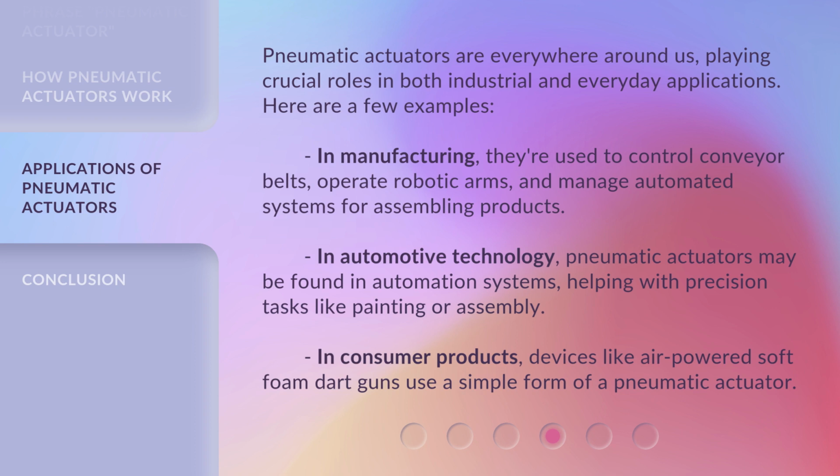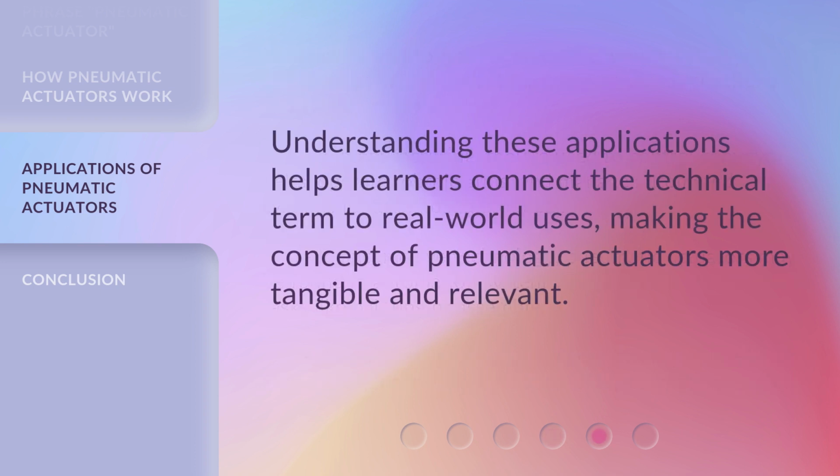In consumer products, devices like air-powered soft foam dart guns use a simple form of a pneumatic actuator. Understanding these applications helps learners connect the technical term to real-world uses, making the concept of pneumatic actuators more tangible and relevant.